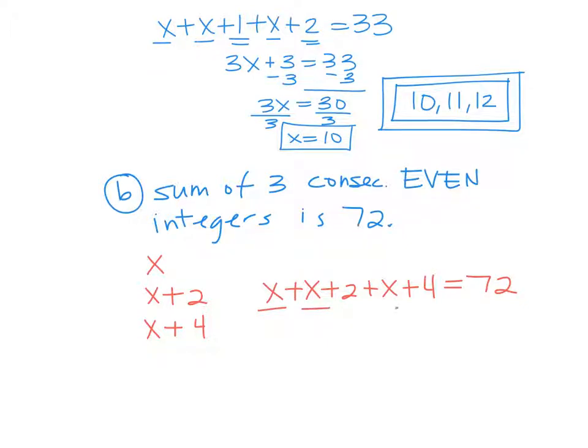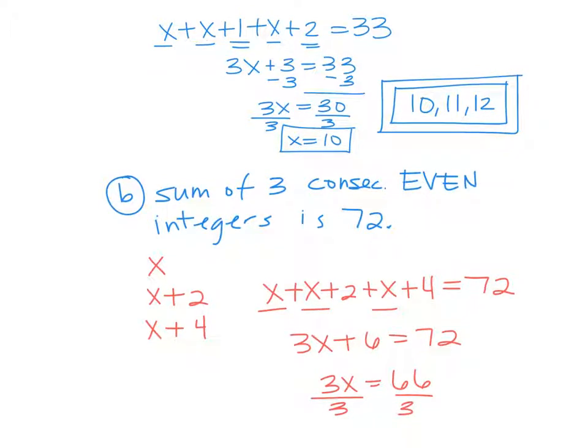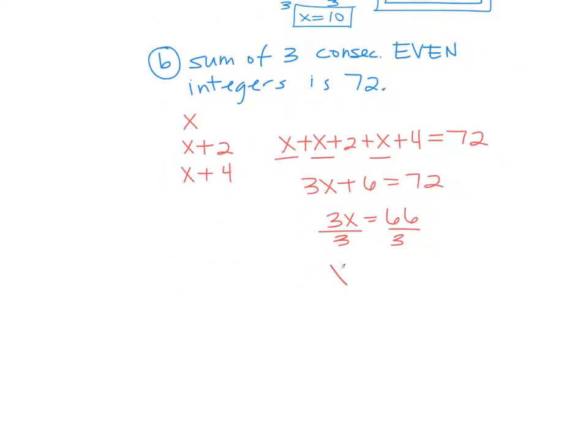Okay, so it's 1, 2, 3x plus 6 equals 72. Take away the 6, so 3x equals 66. Divide by 3. So x is 22. What are your 3 integers?